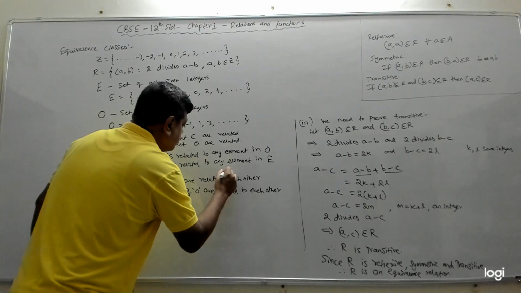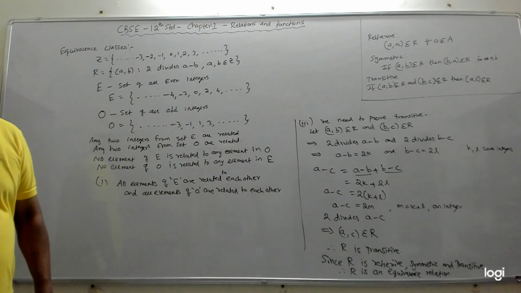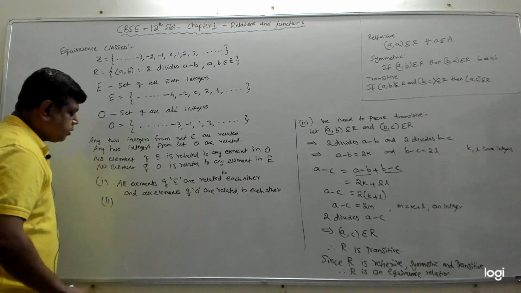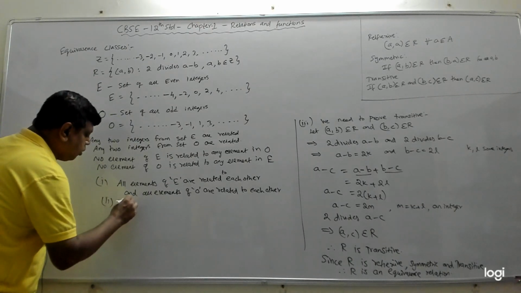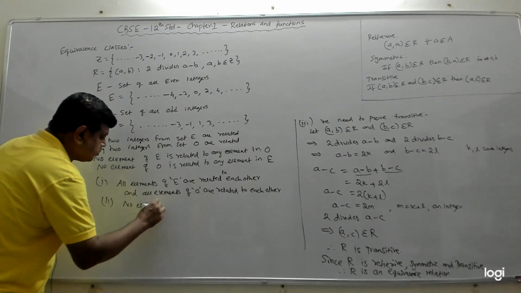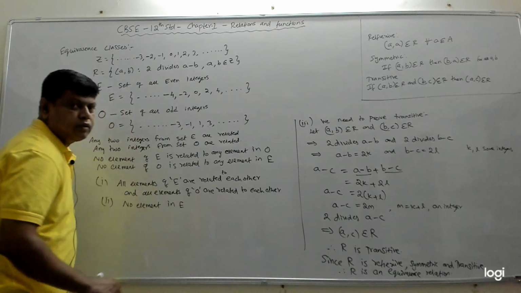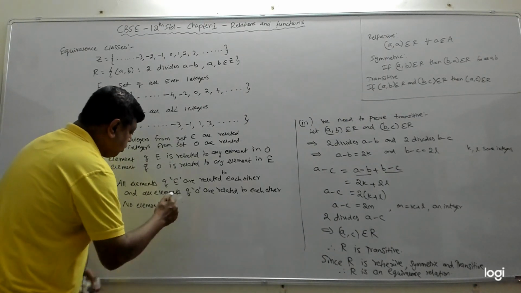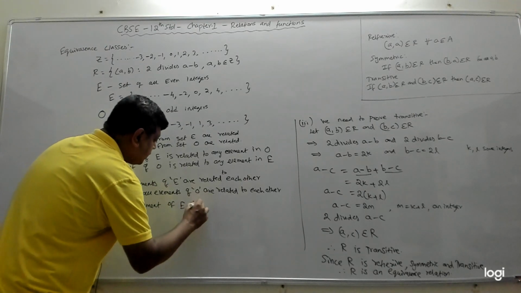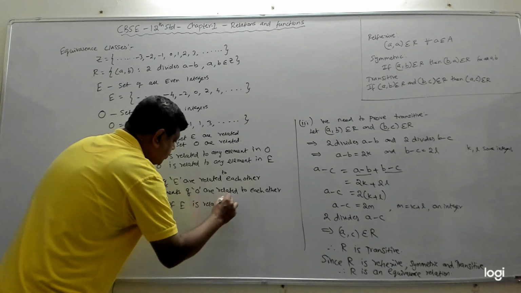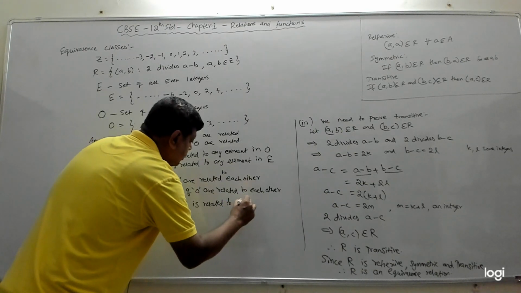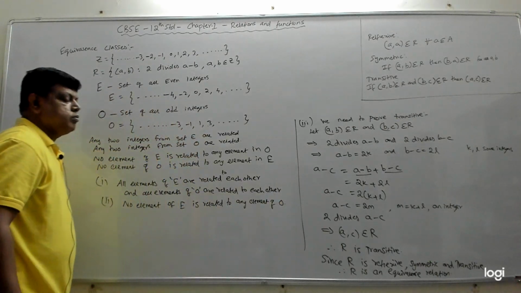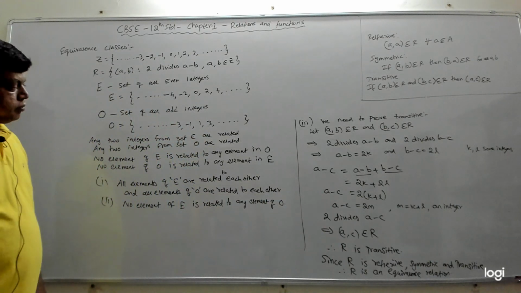Then the second observation, or second thing that we notice: no element of E is related to any element in O, and vice versa.